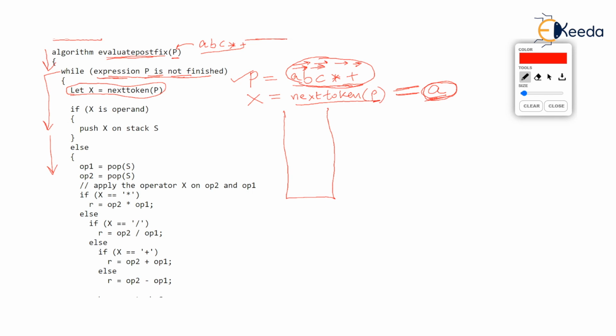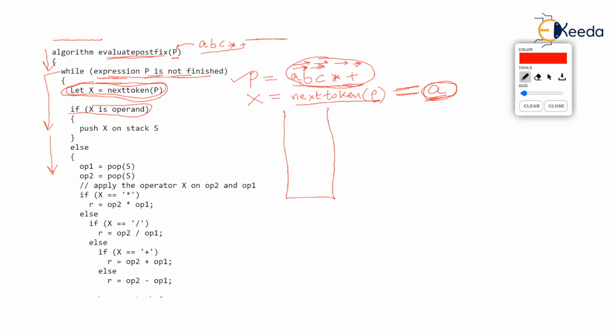Infix expression may contain brackets. Postfix expression does not contain brackets. Postfix contains only two things, either an operand or an operator. So after taking out a token, x equal to next token of P, x can be either an operand or an operator. So we will simply check if x is an operand.